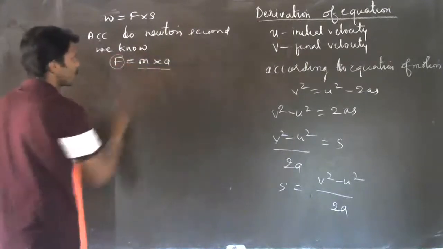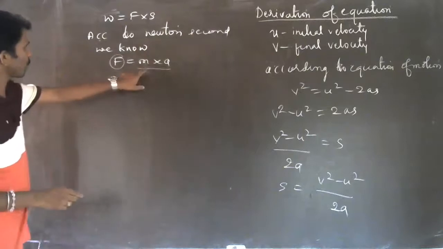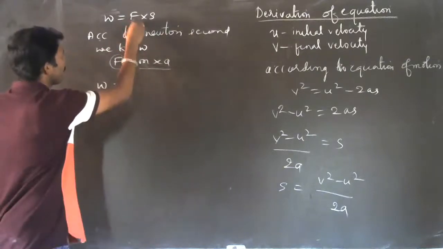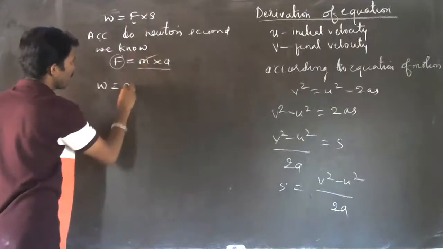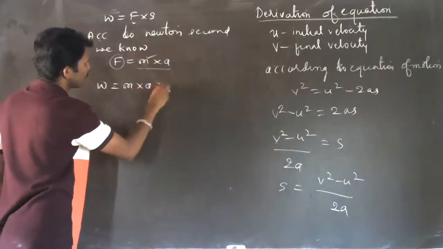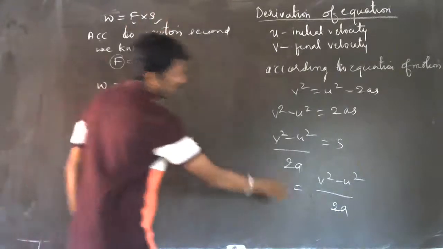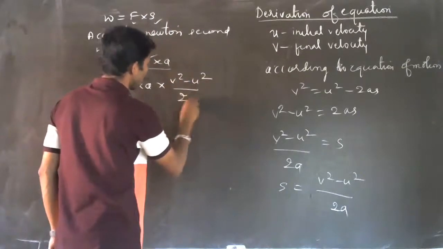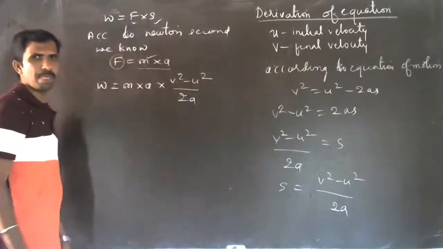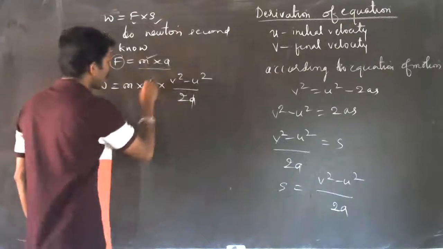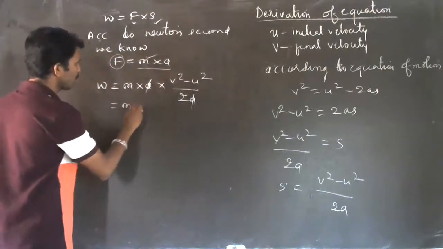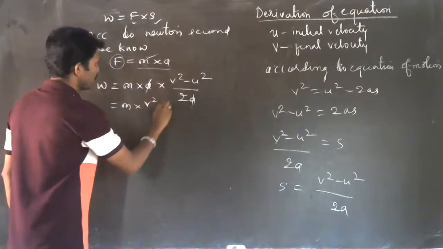If you substitute this value, we get W is equal to m into a into s. We know that s is equal to v square minus u square divided by 2a. If you cancel out both accelerations, you get W is equal to m into v square minus u square divided by 2.